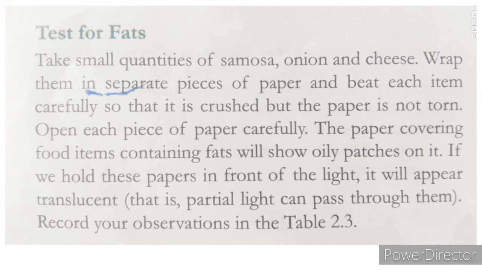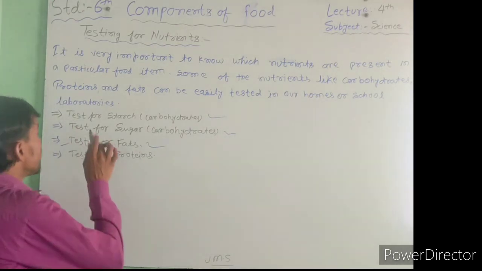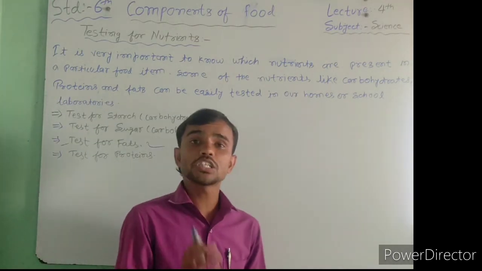The paper covering the food items containing fat will show oily patches on it. If we hold the papers in front of the light, they will appear translucent, which means partial light can pass through them. After that you understand the test for fat.